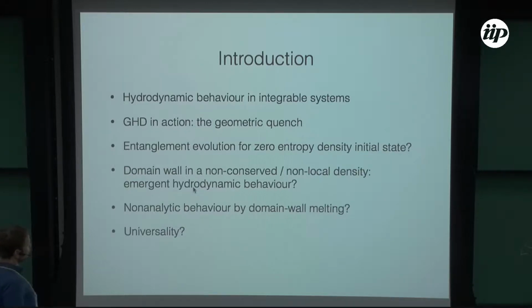One of my main interests in the problem is also from the perspective of entanglement evolution. The initial state, in the language of Bethe ansatz, will correspond to a zero entropy density state, which means that the standard particle picture for the entanglement evolution, which predicts the linear growth of entanglement, as we have seen in various previous talks, will not apply here.